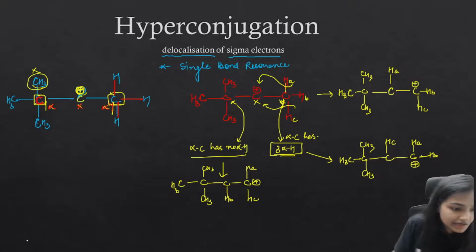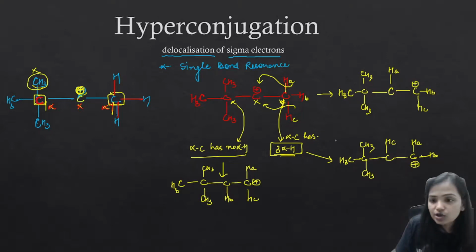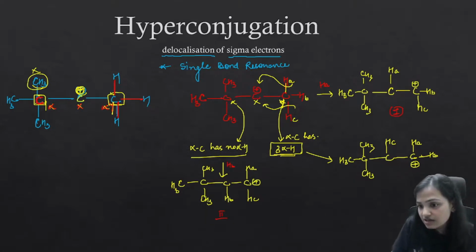So how many hyperconjugating structures did we get? The first structure is when we replaced HA. When we replaced HB, we got the second hyperconjugating structure, and when we replaced HC, we got the third.